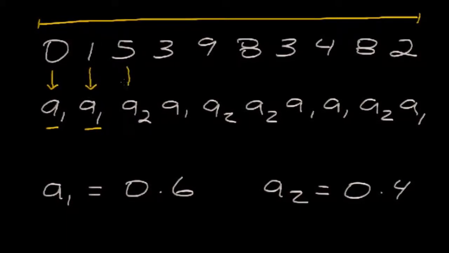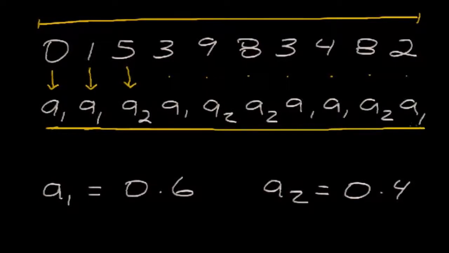We then selected 5, and because that's between 5 and 9, we would consider the A2 allele to be passed down. We've done this 10 times, and we have this nice collection of alleles that will be passed down to the next generation.